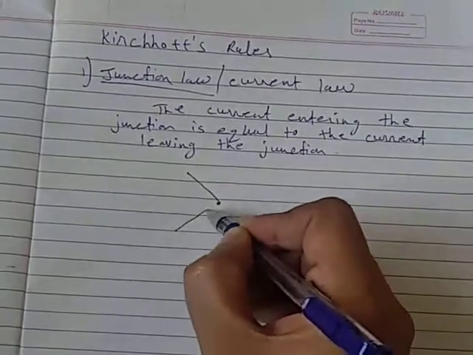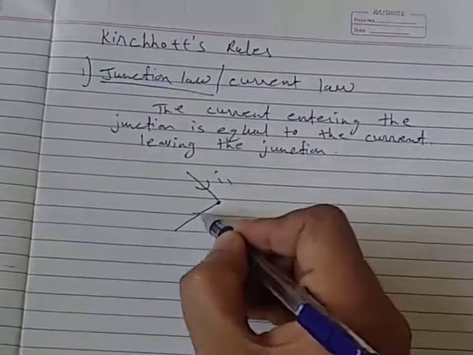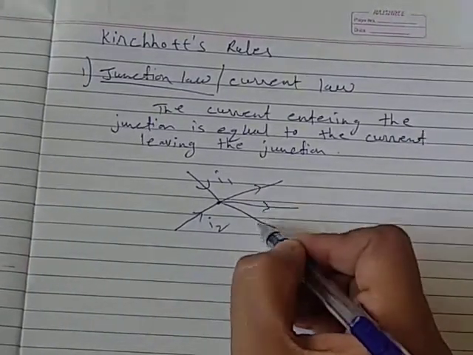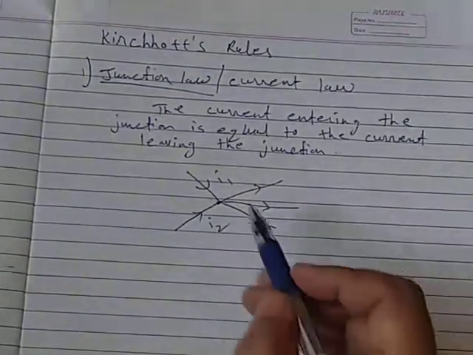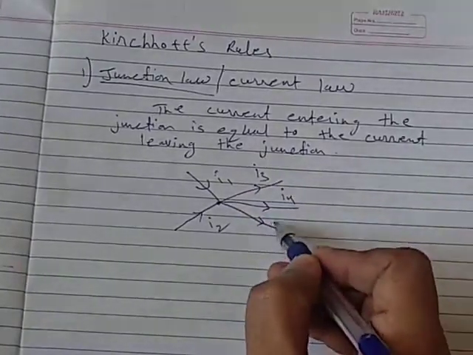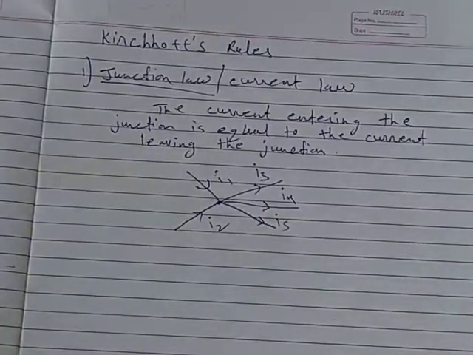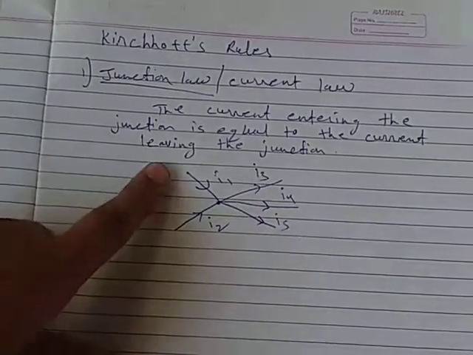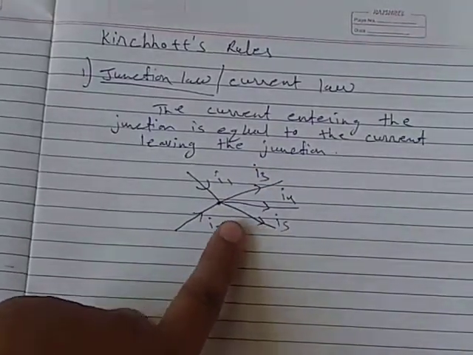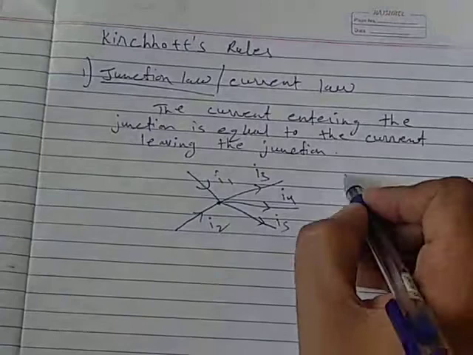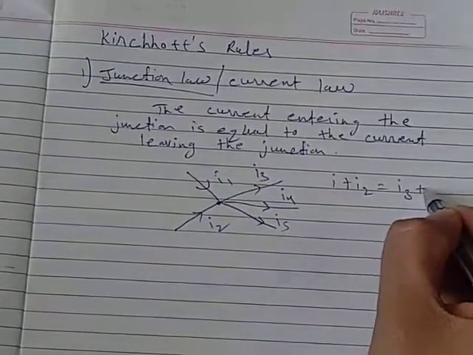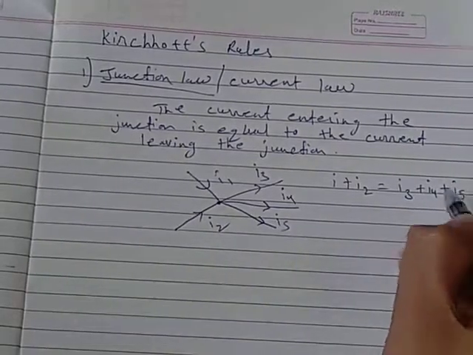Here the currents I1 and I2 are coming in, and there are three paths where the current will leave: I3, I4, and I5. I1 and I2 are entering the junction, I3, I4, and I5 are leaving it. Then according to this law, I1 plus I2 is equal to I3 plus I4 plus I5.